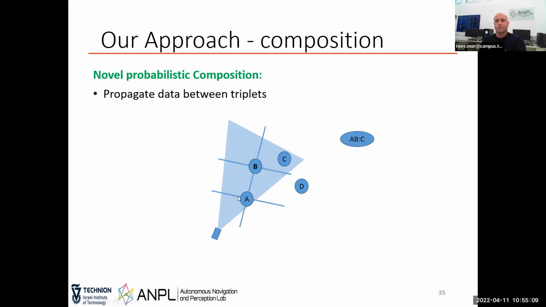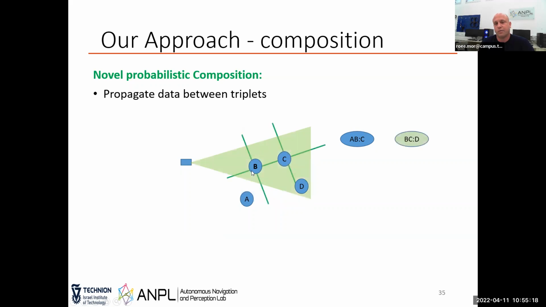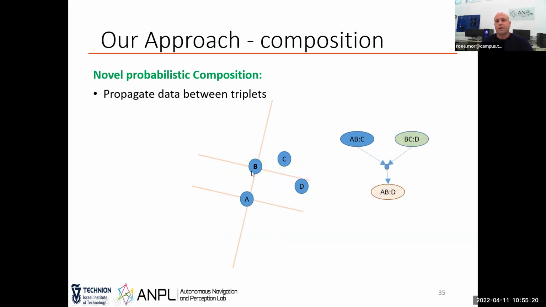It's called composition. If we have a specific triplet and an estimation for the qualitative state, and then we have another triplet, and we want to infer the third one, A, B, D. You notice that if these three triplets are using the same four landmarks, then there is a probabilistic connection between them, and we can propagate data.